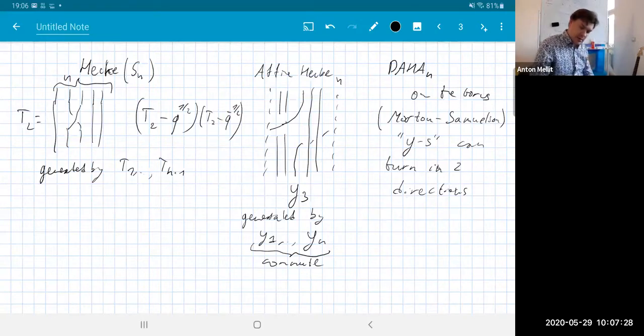So I denote them y1 through yn, and z1 through zn. And this is crossing one wall, and this is crossing another wall.